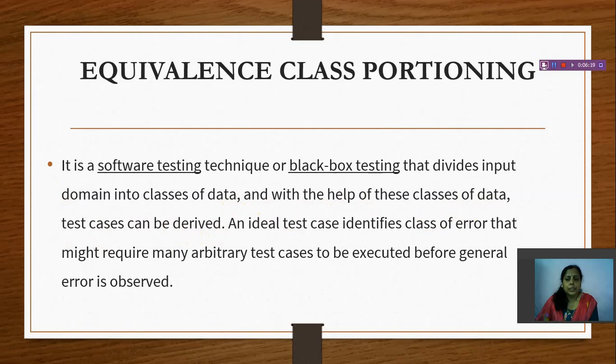Then from these classes we design the test cases. An ideal test case identifies classes of error that might otherwise require many arbitrary test cases to be executed before a general error is observed. Means a good test case can generate the error quickly.